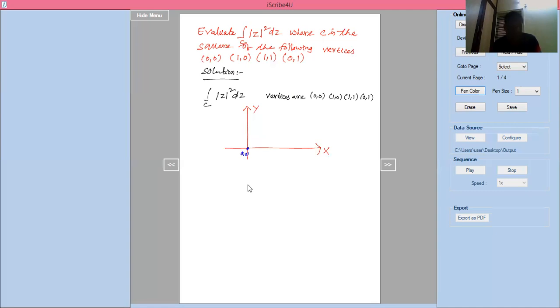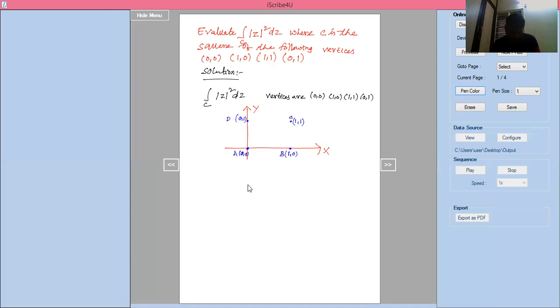Next one should be 1, 0, which means an x-axis point of 1, 0. And the next point should be 1, 1: x-axis 1 and y-axis also 1. Next, 0, 1 is a point I'll take. Now this is point A, this is point B, this is point C, this is point D.